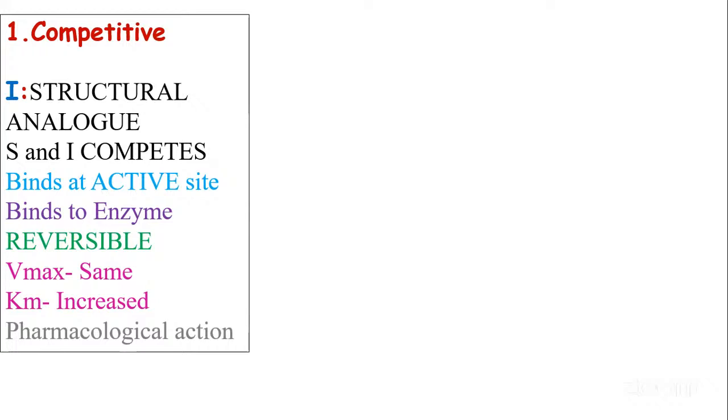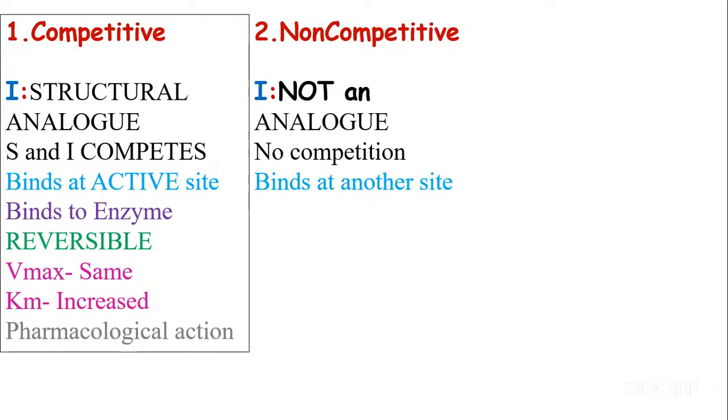Anyway, I'm just trying to compare the other types also. Competitive, and now non-competitive. In competitive inhibition they were structural analogs. Here they are not structural analogs, so there is no competition, and it binds to a site other than the active site.